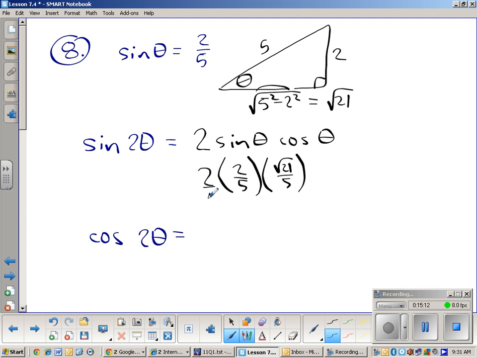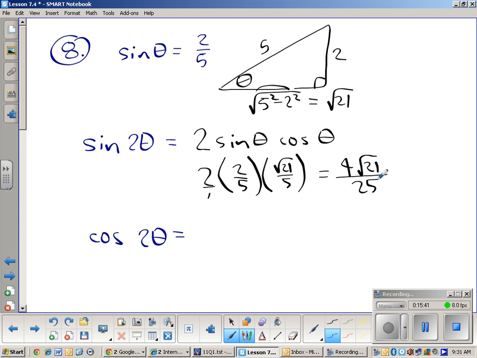And so we go 2 times 2 times square root of 21 on top, that's 4 square root of 21. And on the bottom I have 1 times 5 times 5, or 25. And there's no common factors there. So my answer is 4 square root of 21 over 25. Okay?